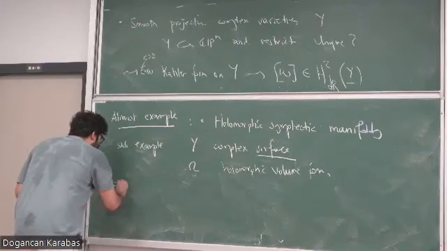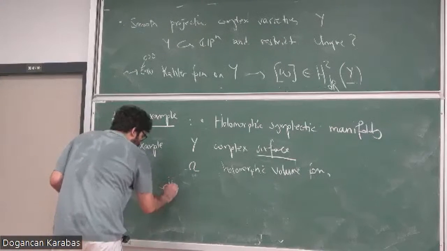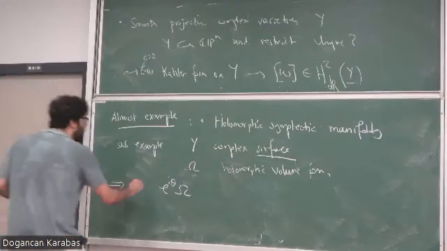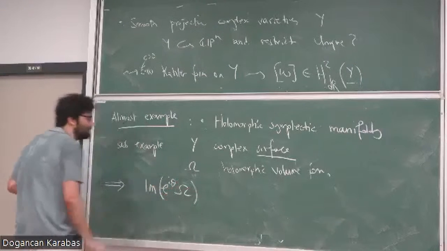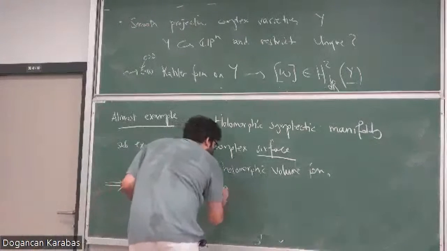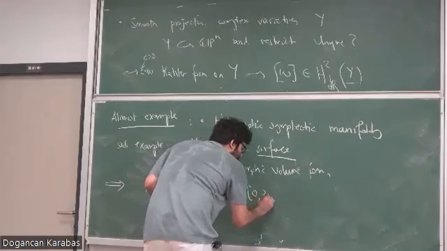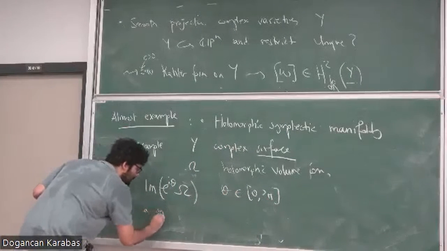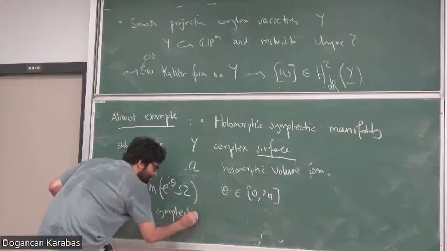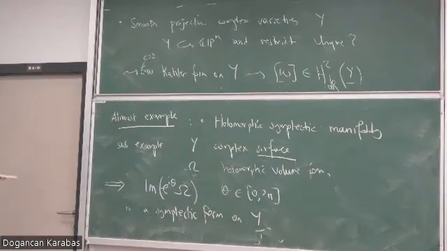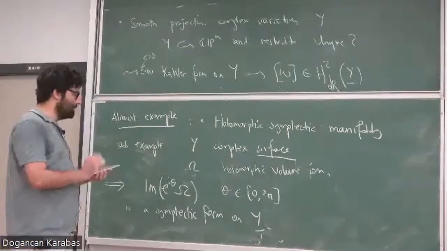And then what you can do is multiply this omega with any phase, and you can take the imaginary part of this complex valued form, for every theta in 0 to pi, and this is a symplectic form on Y bar. Okay, but it's not a Kähler form because it's not going to be compatible with the J.